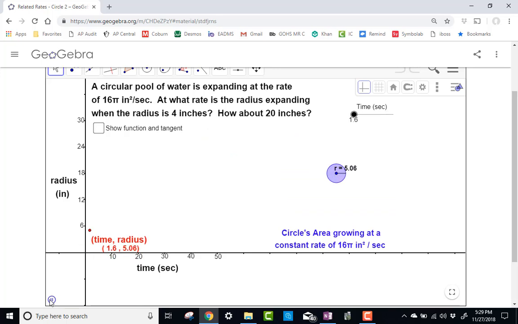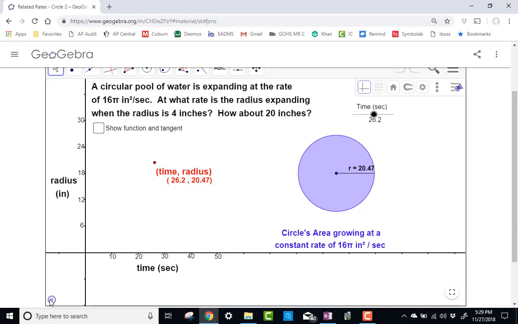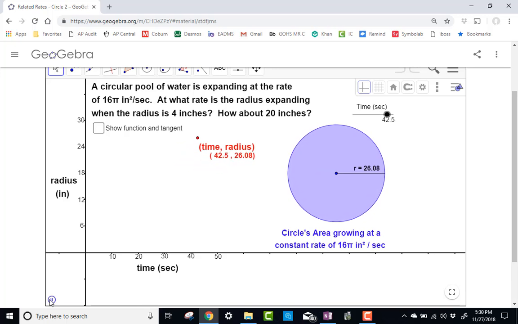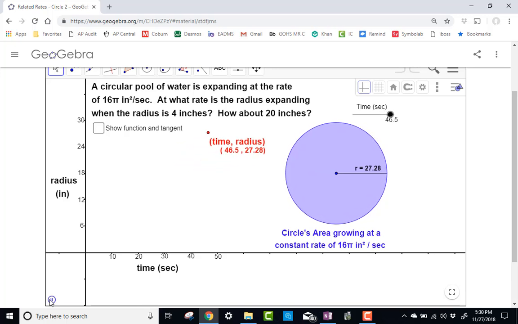So it starts out relatively fast, but then the radius itself does not grow as quickly. When this starts over again, we're going to stop it and show you what this graph actually looks like with the rates of change.